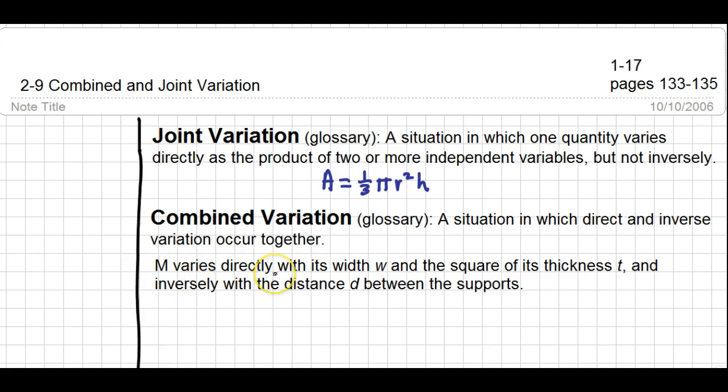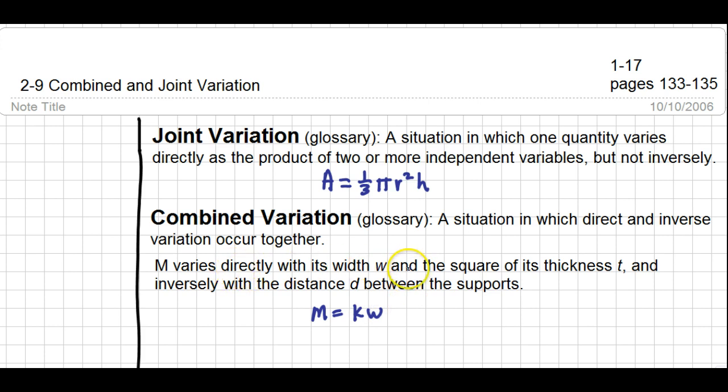M varies directly with its width w and the square of its thickness t, and inversely with the distance d between the supports. So if we were to write an equation that would match that, remember that the first variable listed is your dependent, and then directly with its width, so we would need to say kw.